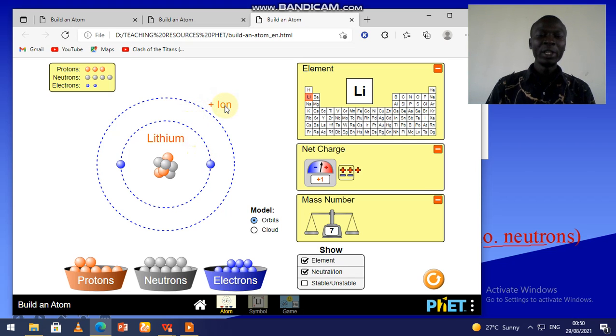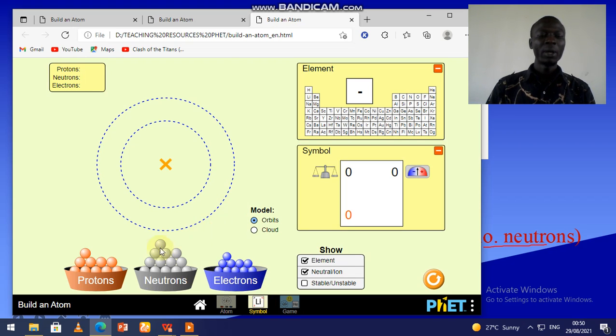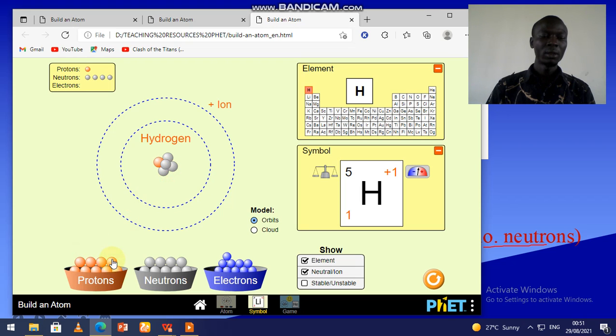So how are we going to write the symbol of this ion? Let's try to write the symbol. Remember that there are 4 neutrons in the nucleus, and 3 protons: 1, 2, 3.